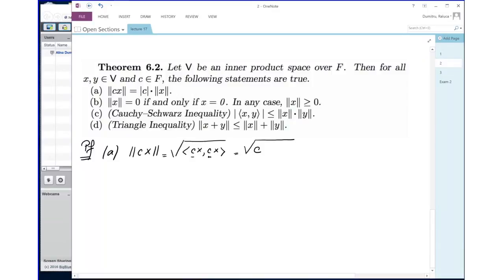The other C from the second entry goes out as C conjugate. But this C times C conjugate is the magnitude of C squared, which can be pulled out of the square root. The magnitude of C times the norm of X.